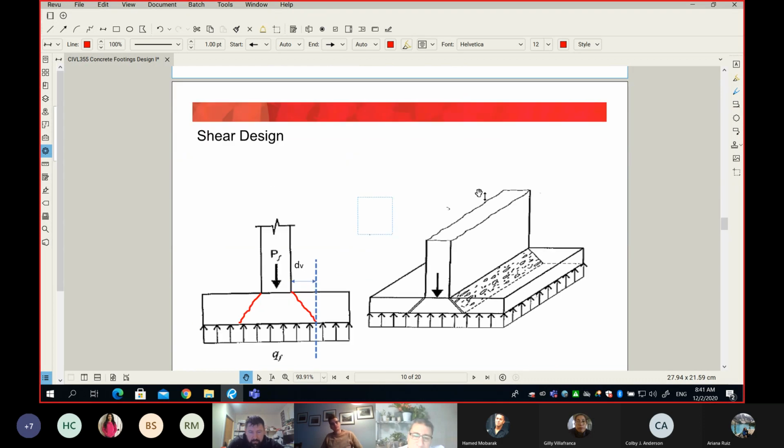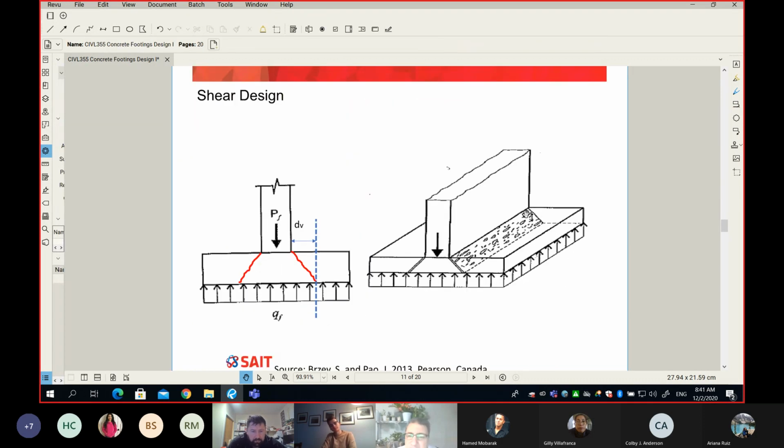Now, in our design, the wall will have to be designed. Sorry, not the wall. The footing, the strip footing, will have to be designed for two main loads: the shear force, so if it's just like a slab, it has to be safe in shear, and also it will have to be safe in bending moment.